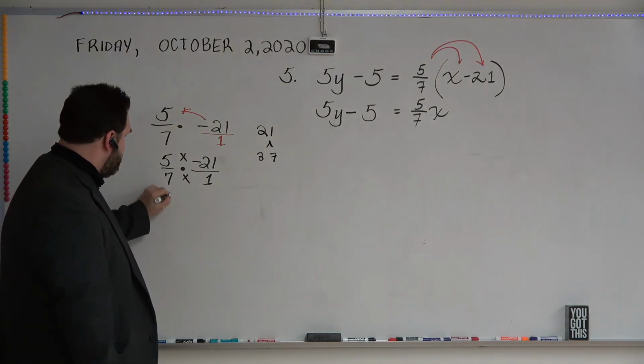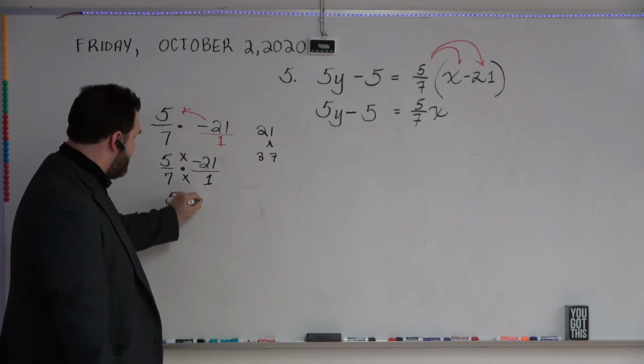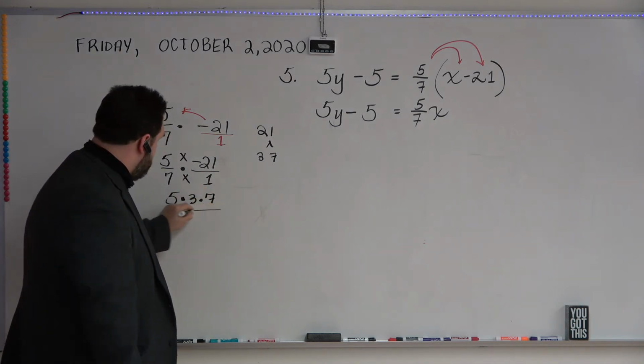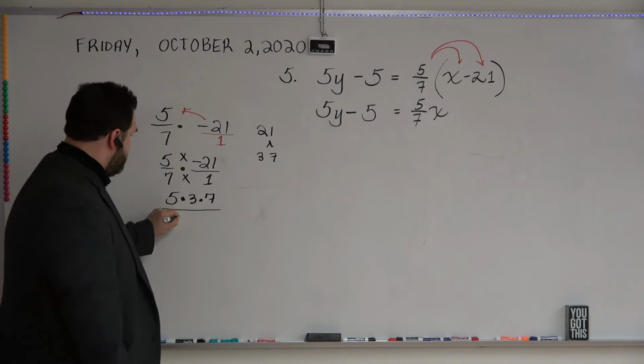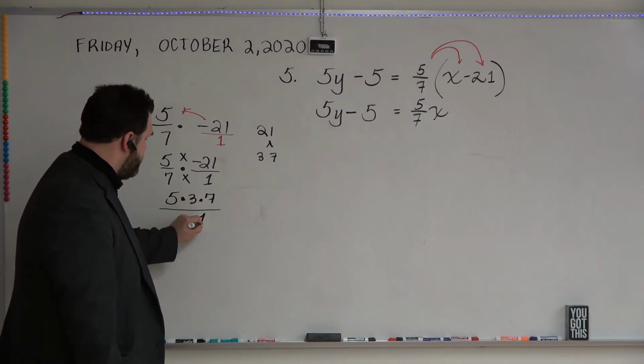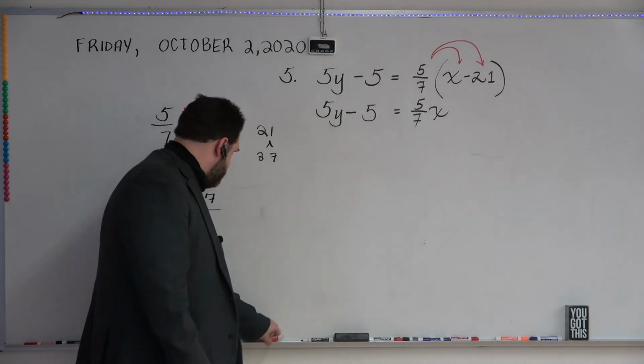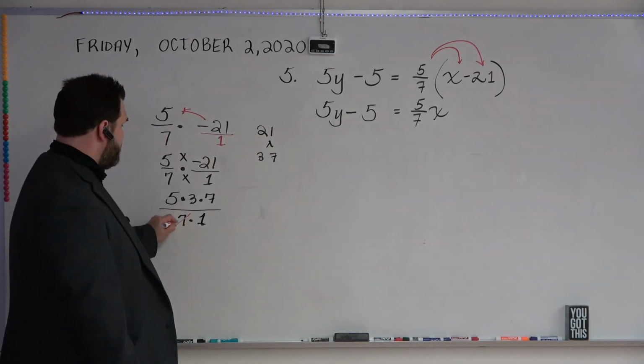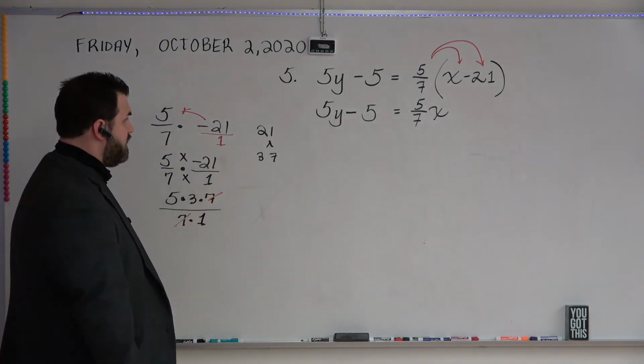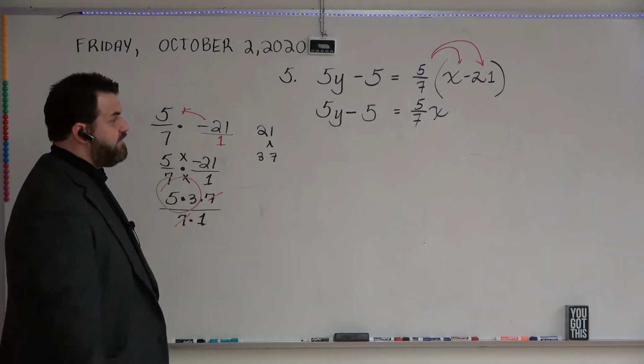So what I want to do here is I want to do 5 times 3 times 7 over 7 times 1. And now I can cancel the 7s. Okay? So all I'm left with is 5 times 3.